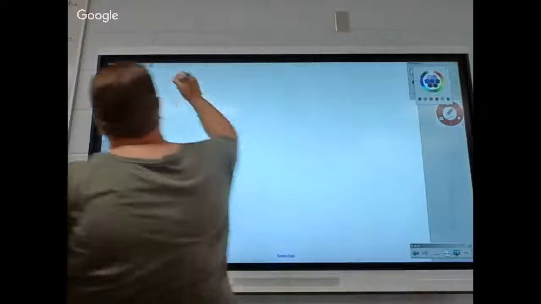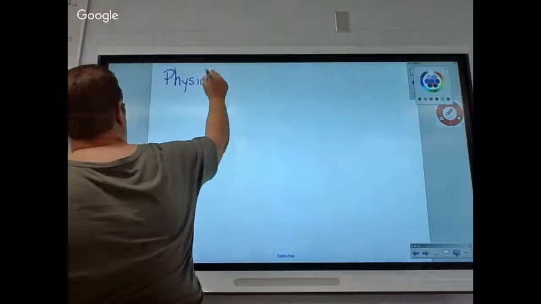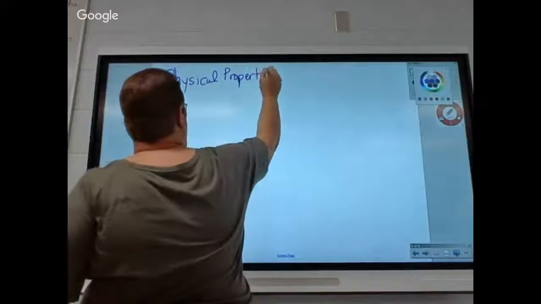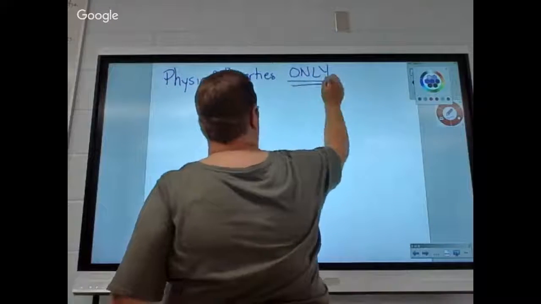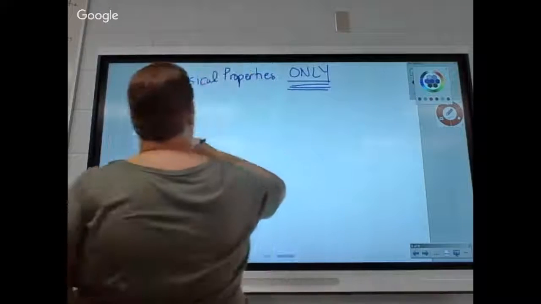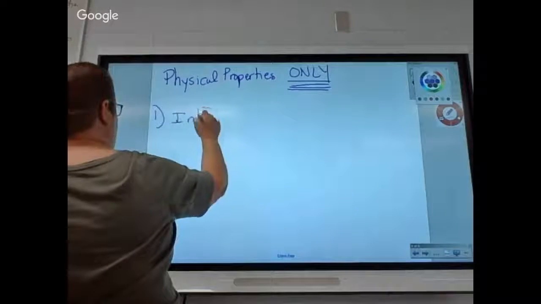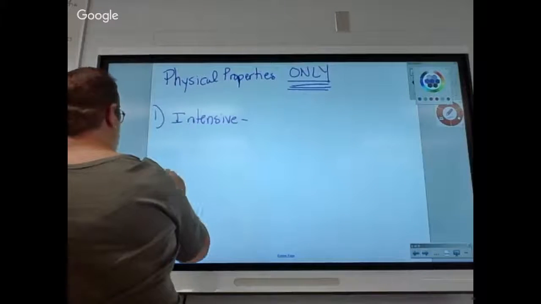Okay. Physical properties only. Now, notice what I said here. Physical properties only can be classified as intensive or extensive.